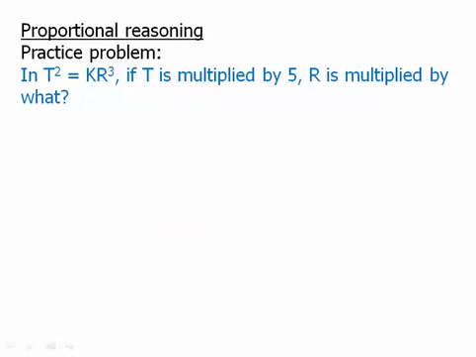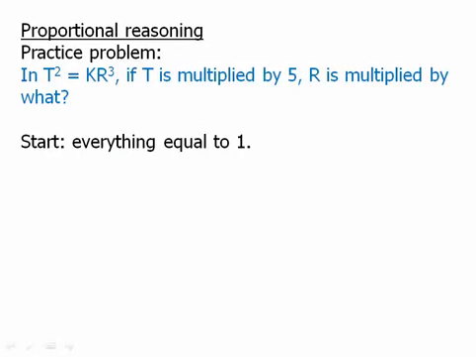Here's another practice problem. Pause the video and then we'll talk about this. So the test may or may not tell you that this is Kepler's third law of planetary motion. That doesn't really matter for solving this. So what we're going to do is set everything equal to 1 originally. 1 squared equals 1 times 1 cubed. That works.